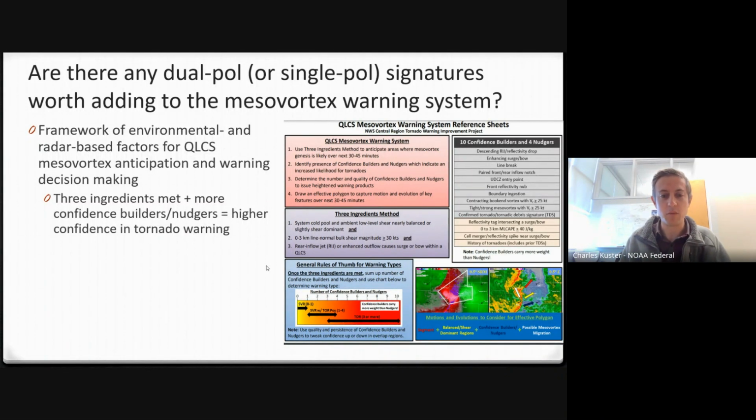There's some wiggle room with these, and I'll mention that in a minute. But basically, if you have the 3 ingredients met, plus more and more confidence builders and nudgers, which are some of the radar-based signatures, then there would be a higher confidence in a tornado warning.